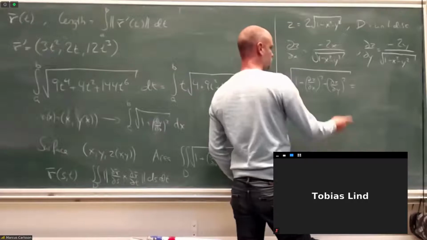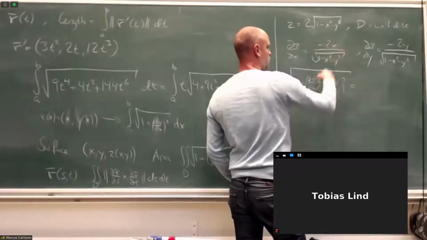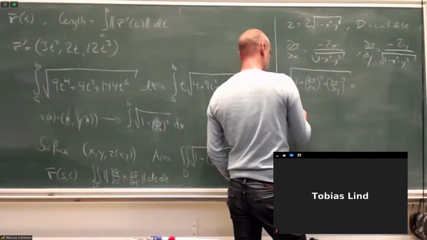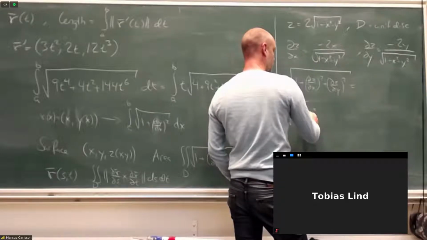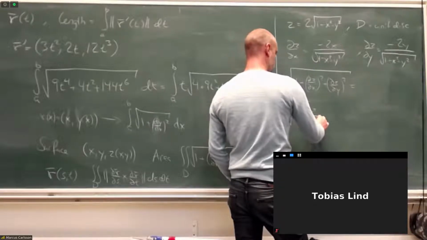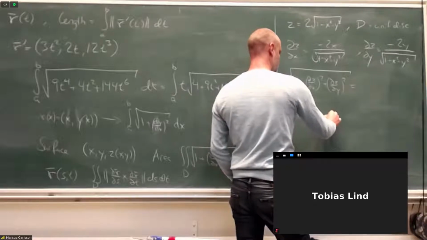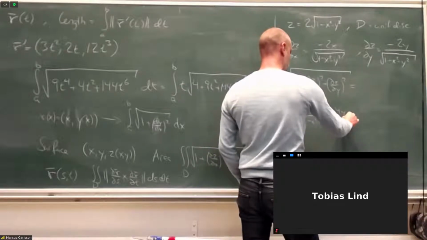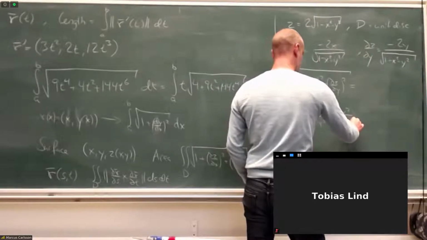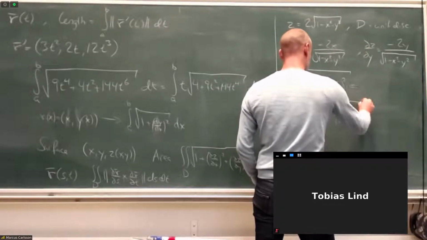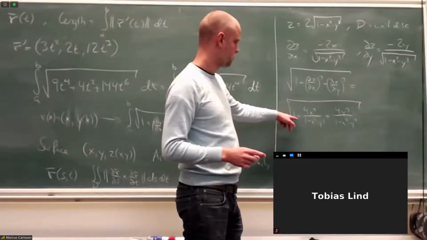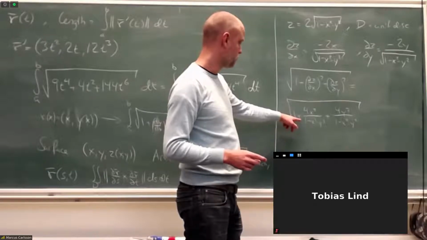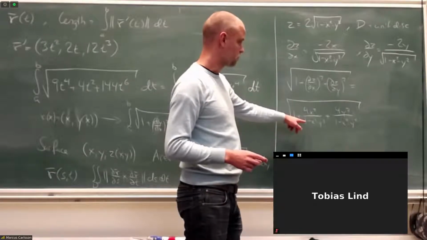Is equal to, okay, so now we have to square both of these guys. So we get square root 1 plus 4x squared over 1 minus x squared minus y squared, plus 4y squared over 1 minus x squared minus y squared. And then we do a bit of, no, not geometry, algebra.